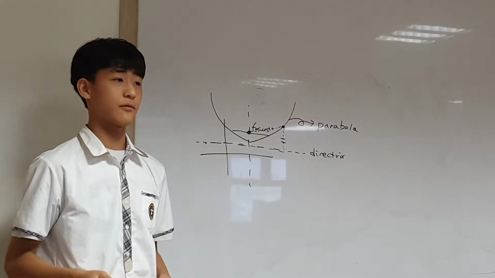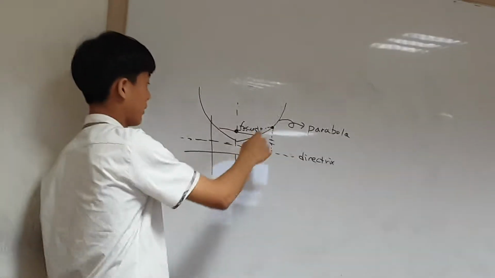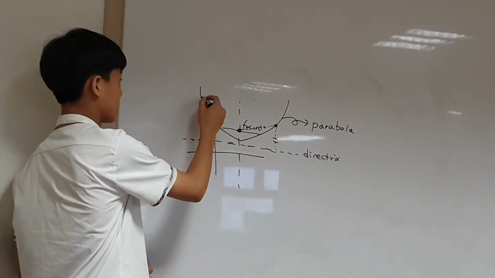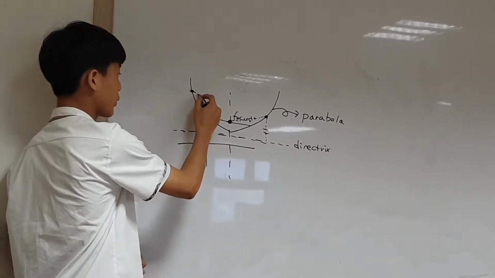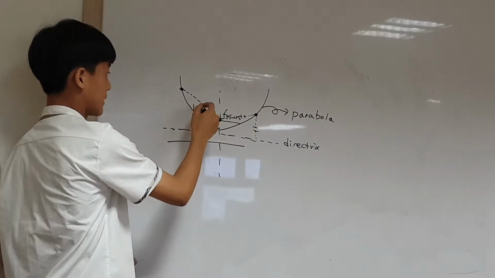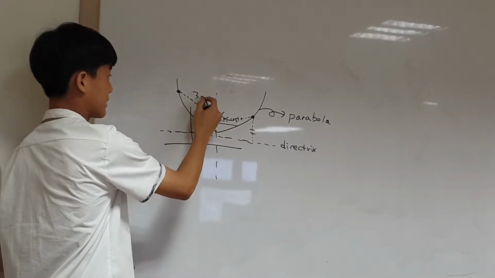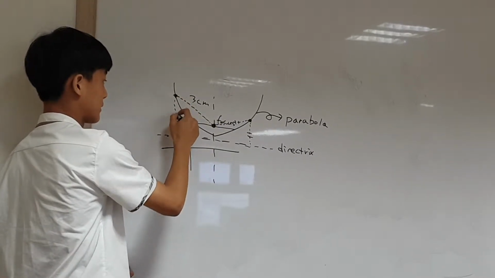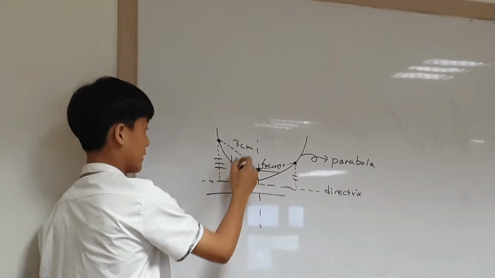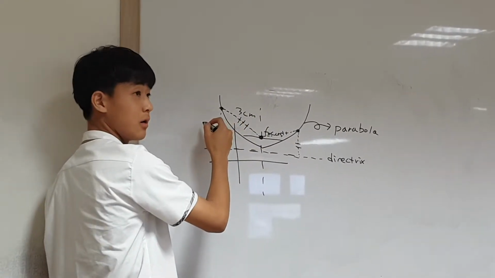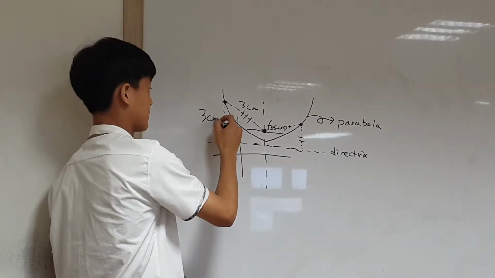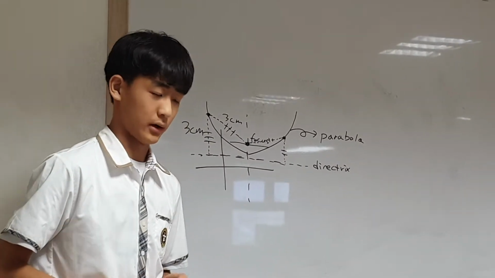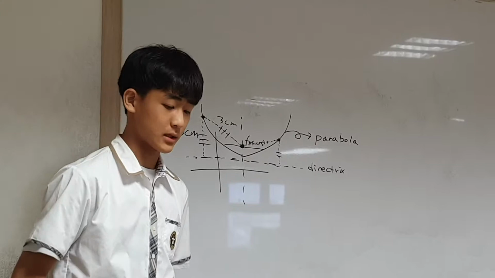Every point on the parabola has this same situation. Let's say this point has 3 centimeters to the focus, then the distance to the directrix is also 3 centimeters. So this is the definition, or the basic concept, of a parabola.